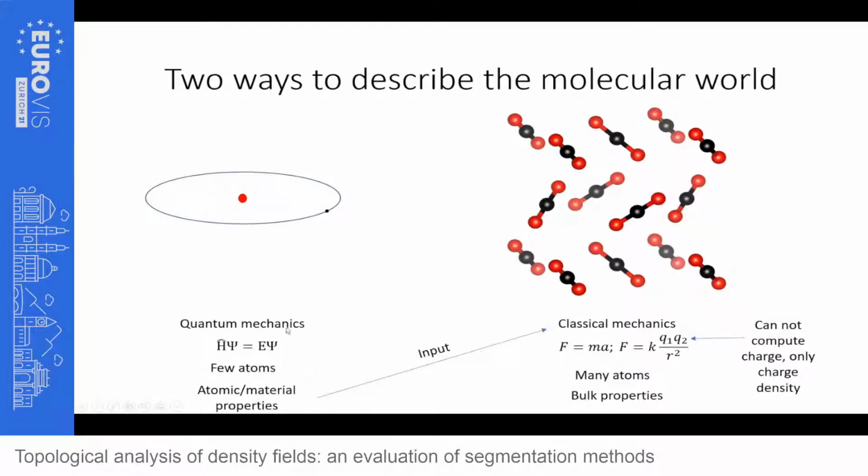They're solving the Schrödinger equation. This type of methodology is limited to a few atoms, and you get atomic or material properties from these calculations. Then you can use these properties, which you gain from the quantum mechanics calculations, as input for classical mechanics calculations.